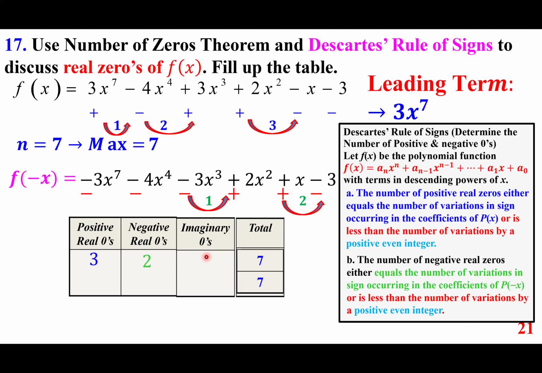How many is left? 2. That is fairly easy to follow. Now, by the way, imaginary zeros always happen in pairs. In other words, you can't have an odd number. It can be 2, 4, 10, whatever, in pairs.